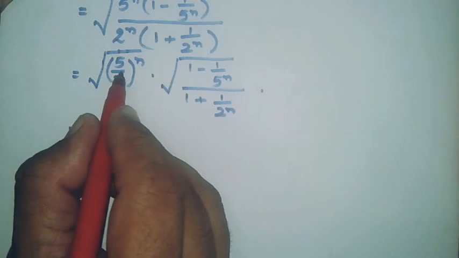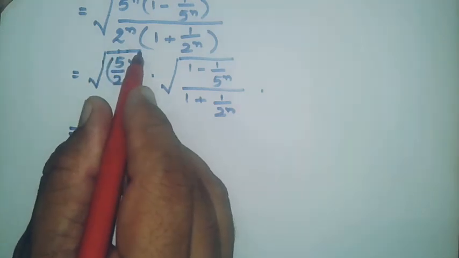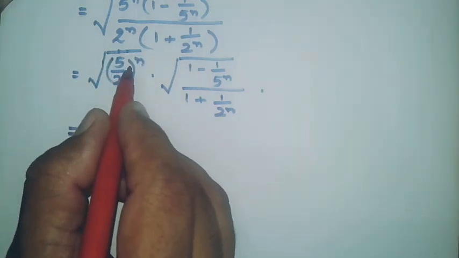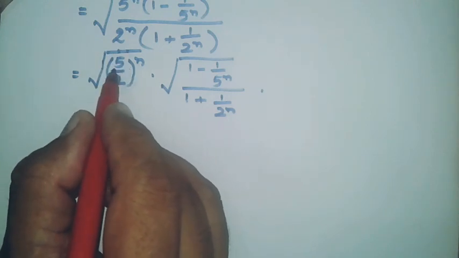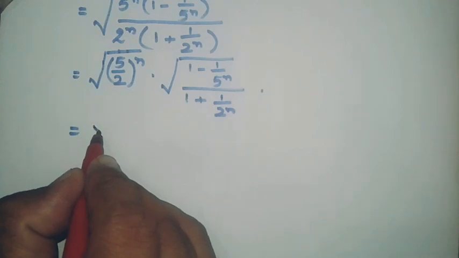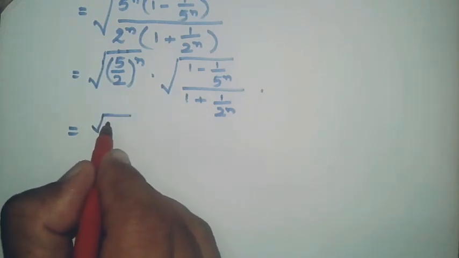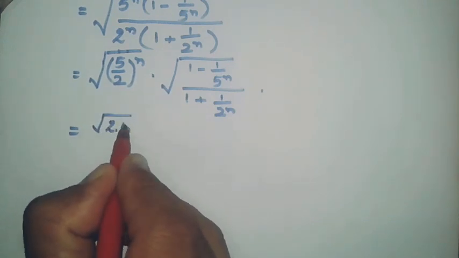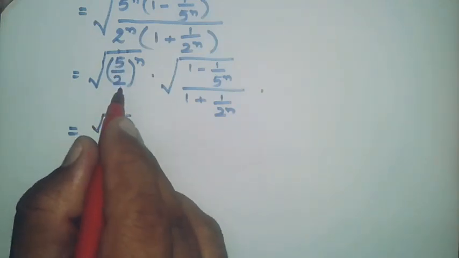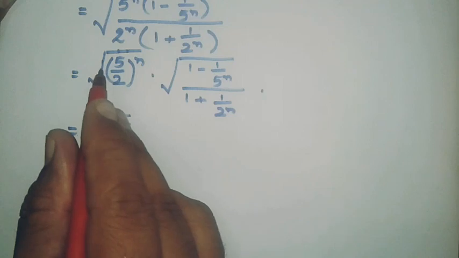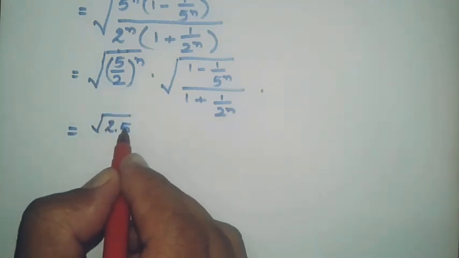So root of 5 by 2 can be written as root of 2.5. 5 by 2 is 2.5. 5 divided by 2 is half of 2 and a half, that is 2.5.